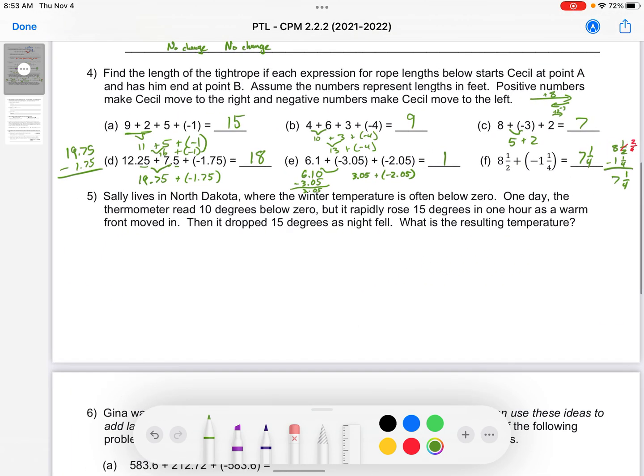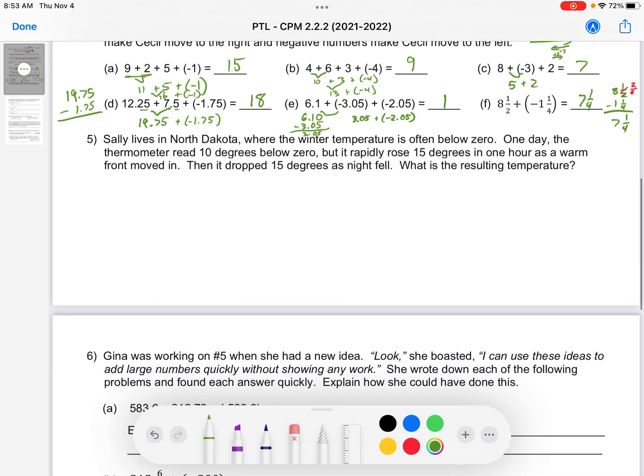All right. Sally lives in North Dakota where the winter temperatures are often below 0. One day, the thermometer reads 10 degrees below 0, but it rapidly rose 15 degrees in 1 hour as a warm front moved in. Then it dropped 15 degrees at nightfall. What's the resulting temperature? So we're starting at 10 degrees below 0, means that I'm starting at a -10.